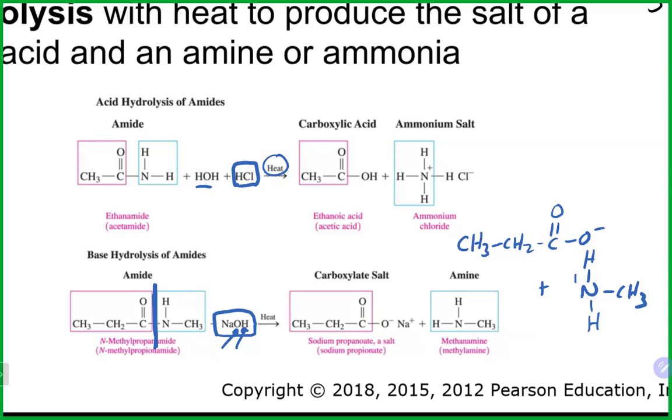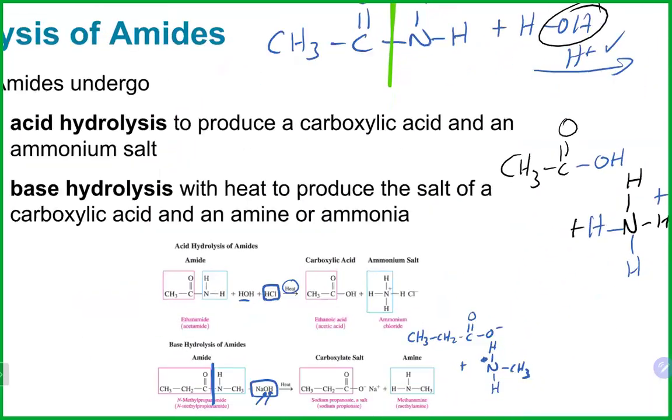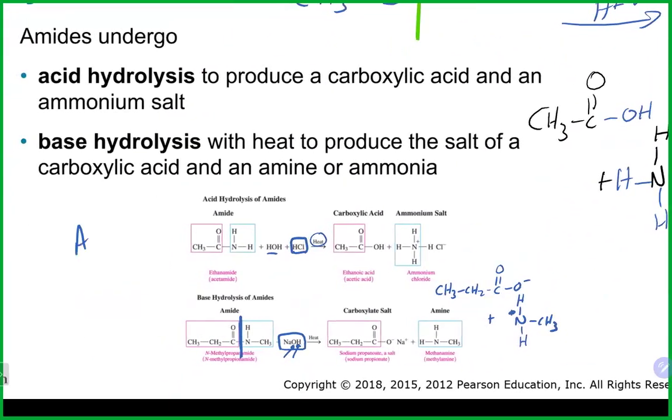That also will be an H plus, which will give that a charge. Sorry, that would be it, actually. We won't get that charge there. We'll just get the hydrogen back, and we will have our amine back. So the way to remember this is that in the acid one, we get the carboxylic acid back.